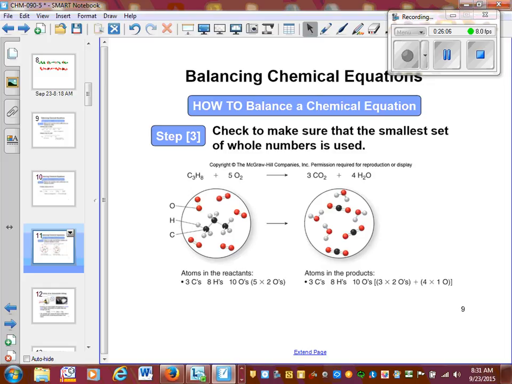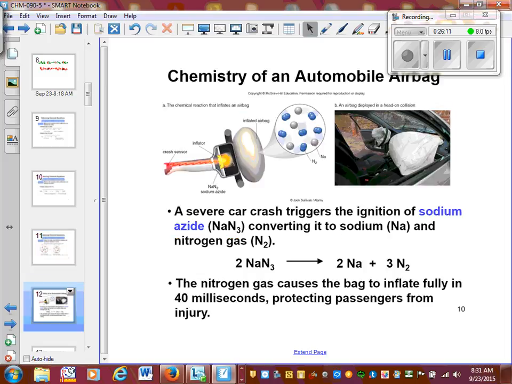So here they're going to talk about the chemistry of an automobile airbag. Inside your airbag is a compound called sodium azide, which is explosive. And you have little sensors in your bumper, so if you hit the bumper at a certain speed, it sends an electrical impulse to the sodium azide, and it explodes.